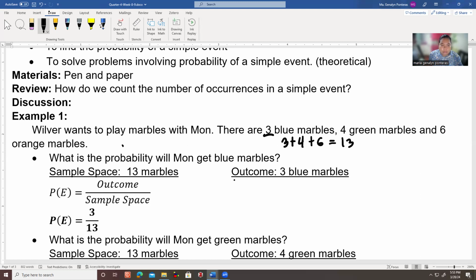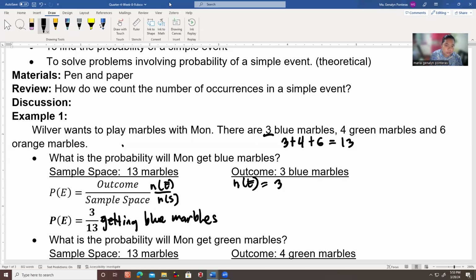So the outcome over sample space, or the probability of an event. The cardinality of the event is 3, so you have n of E over n of S. So you have here 3 over 13 for getting blue marbles.